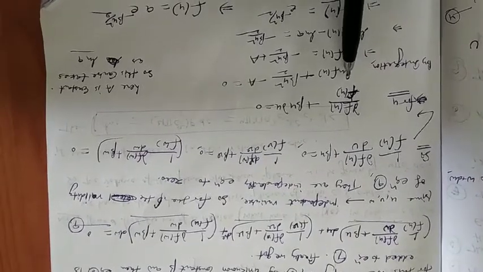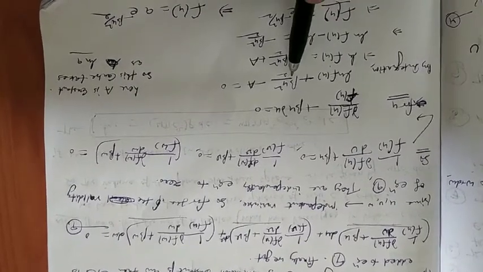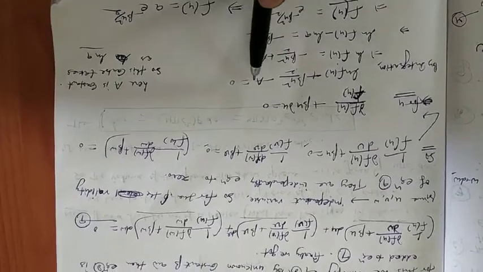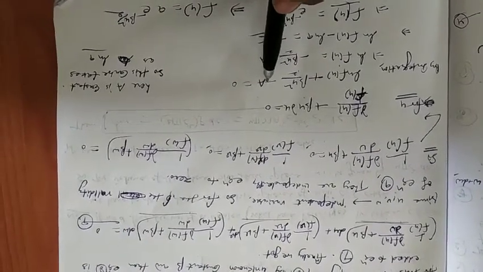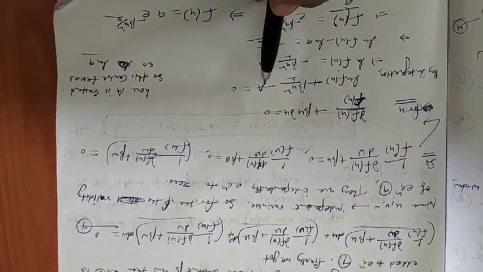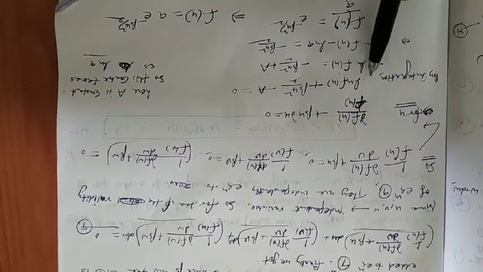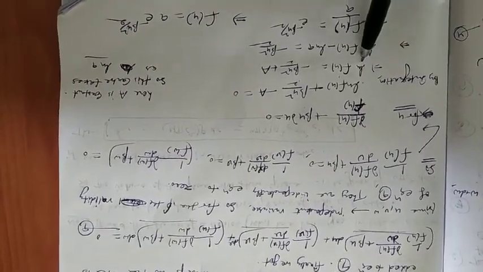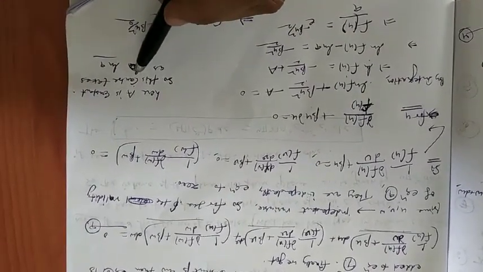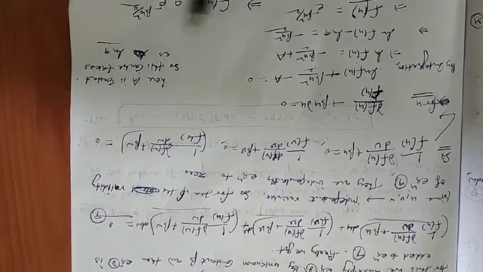If we integrate this, then beta u du gives beta u squared upon 2. Since a is an integration constant, and here it is taken as negative, and since it is constant, it can be written as another constant, log a.